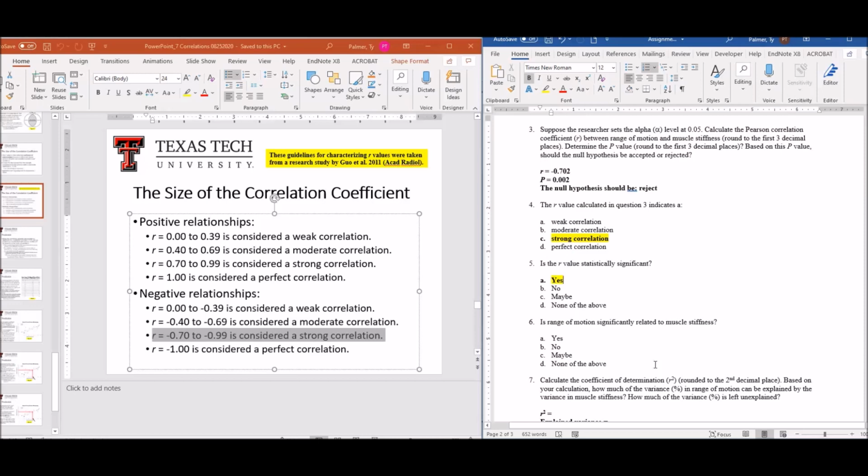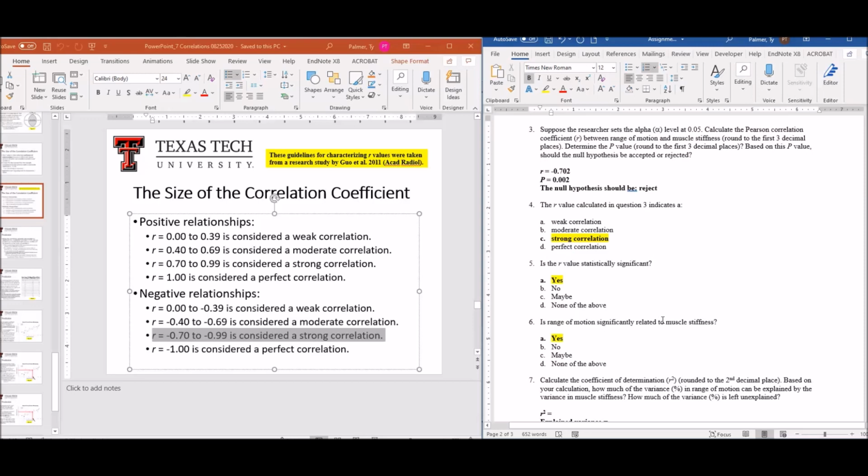Muscle stiffness is significantly related to range of motion. They are related to each other. We can say that based upon our answers here. Because the p-value is less than 0.05, yes, range of motion is significantly related to muscle stiffness. So I'm going to select that as my answer choice.